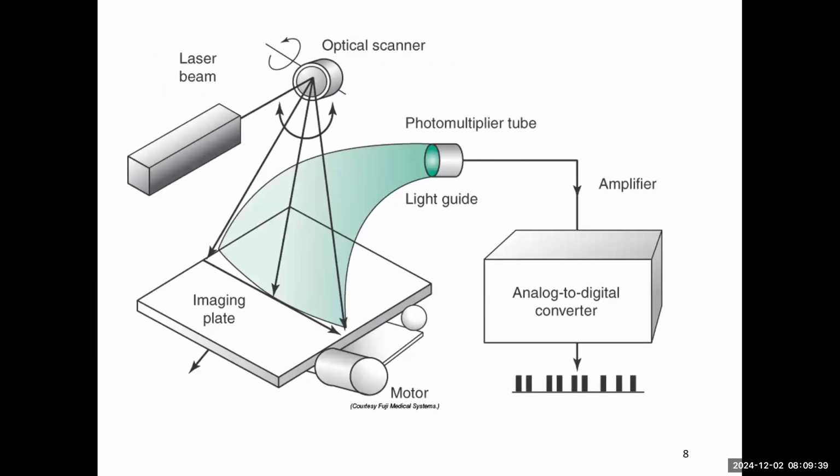This is just in general what's happening in that reader. You can see that there is a neon laser within that equipment, and the plate would move through and it would scan that plate and then collect the light that came off of it through a light guide, and that was sent to the photomultiplier tube, which was then sent to the amplifier, and then was converted from an analog signal to a digital signal.